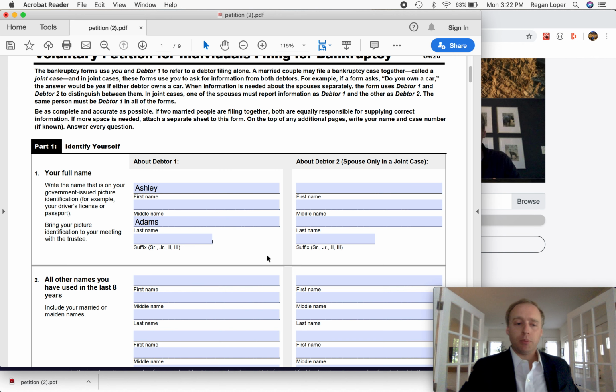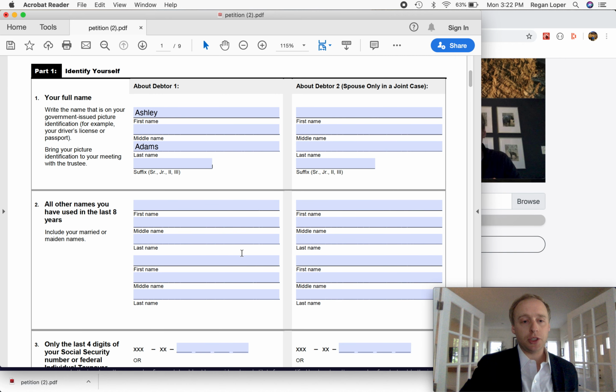Okay, so part 1, section 2, that's all other names you've used in the last 8 years. In Ashley's case, she did actually have another name, and that's because she was married in the past 8 years and then got divorced. So what she put here was Ashley Watson.